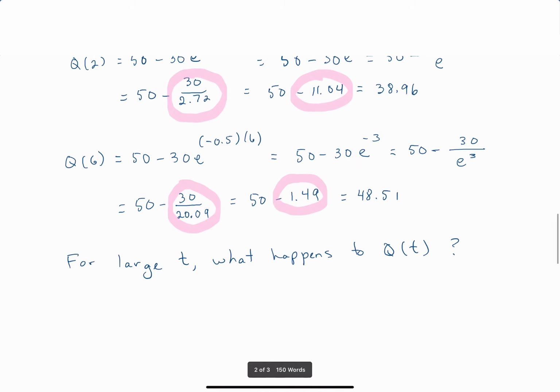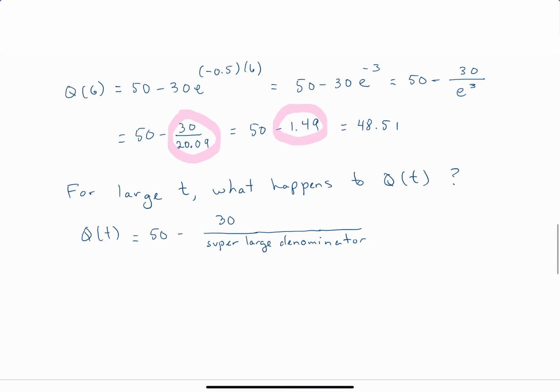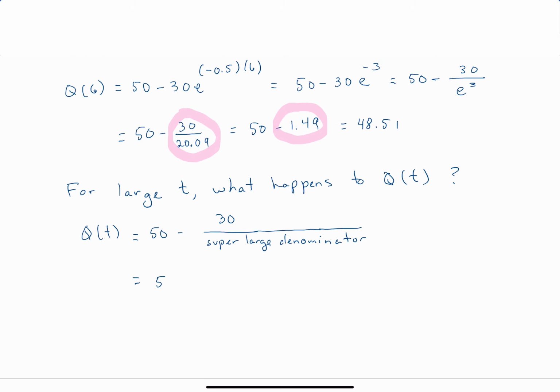And as t gets larger and larger, Q of t will look like 50 minus 30 over a super large denominator, which means we're going to have 50 minus a very small number.